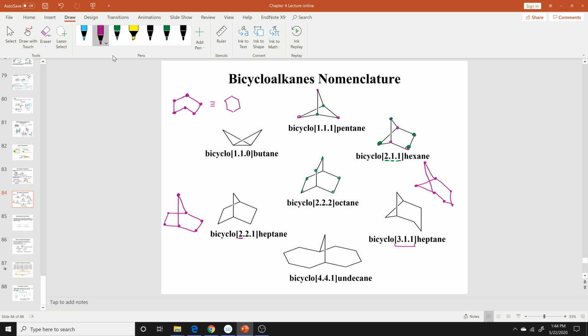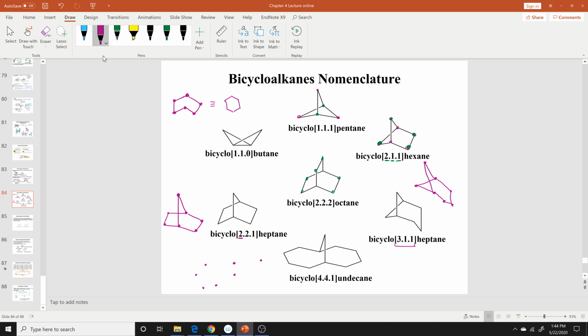Okay. For the bicyclo undecane, you go ahead and draw the 2 points in common. This is the 2 points in common. Let me put more space in here. So you have your 2 points in common. And then I do have 4 carbons on this side, so this is going to be carbon 2, 3, and 4.